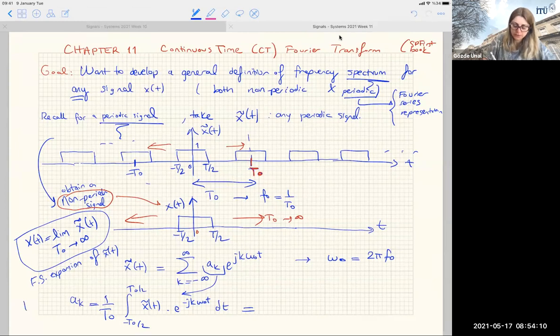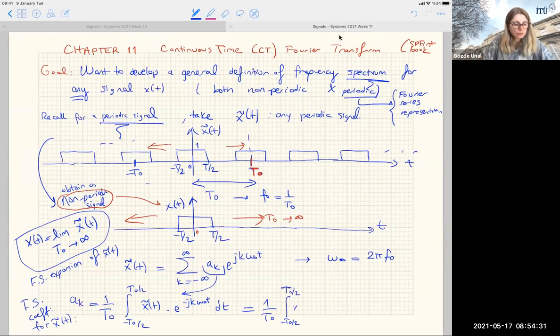So this is the Fourier series coefficients, a_k, for x tilde of t, sorry, because it's for a periodic signal. Now I can do the math very quickly. In this period, my signal is from minus T0 over 2 to T0 over 2.